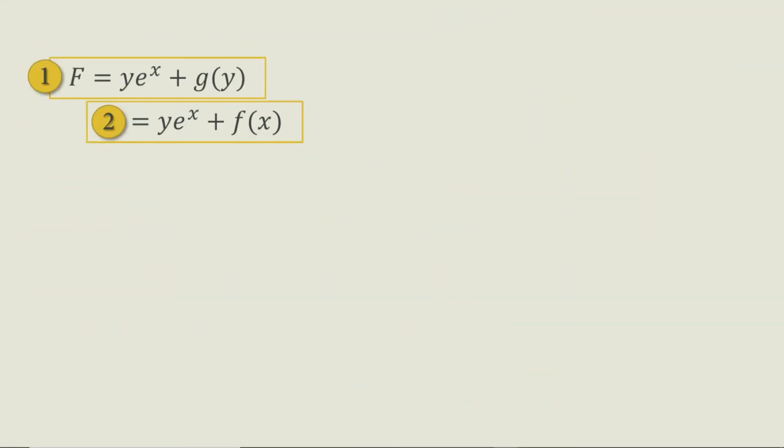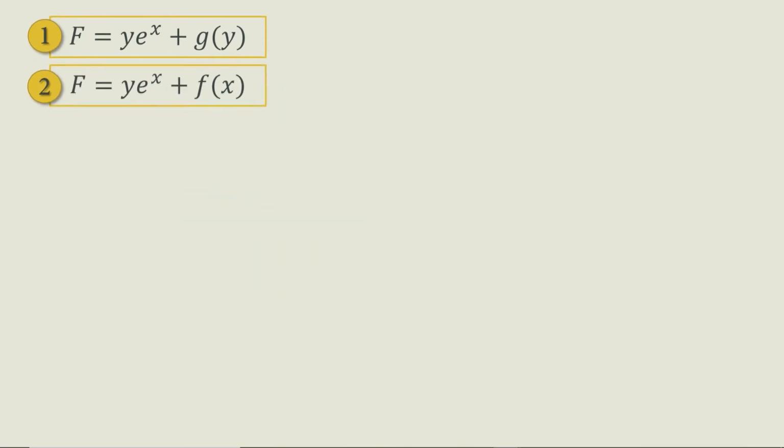And then equating these two equations, magiging y times e raised to x plus g of y is equal to y times e raised to x plus f of x, and then canceling like terms.